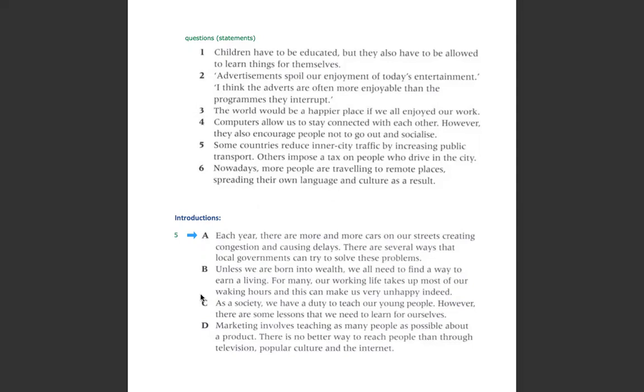Yeah, only one letter matches with the numbers. Sorry, only one number matches with each letter.